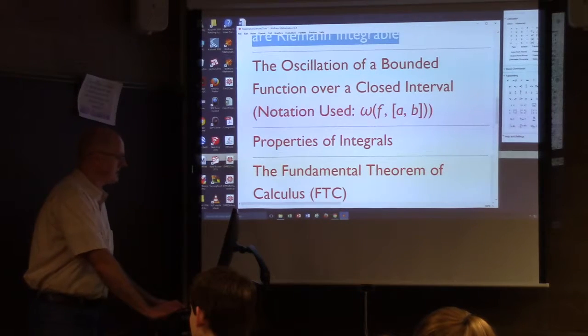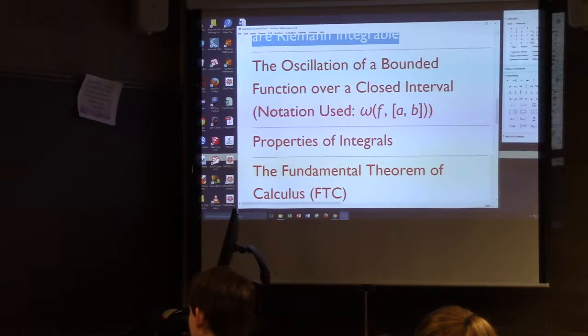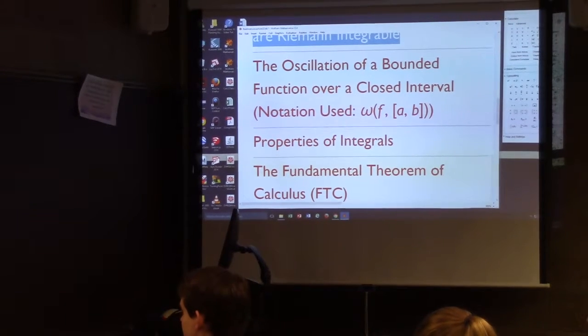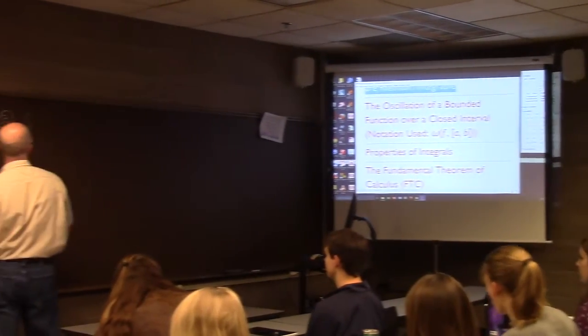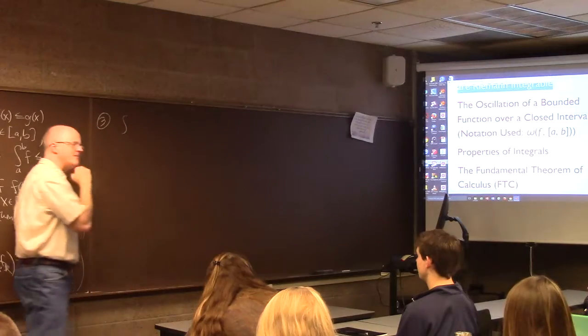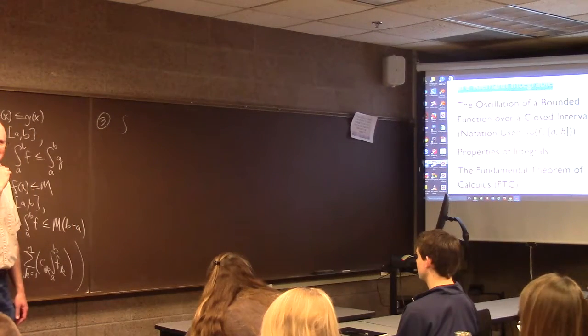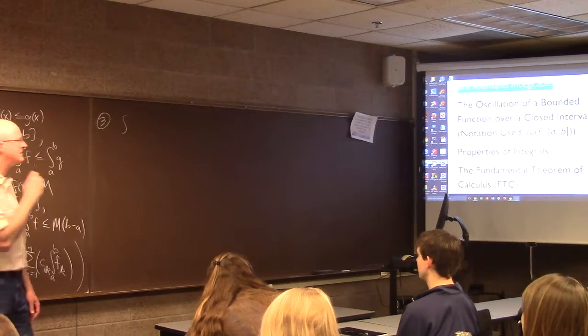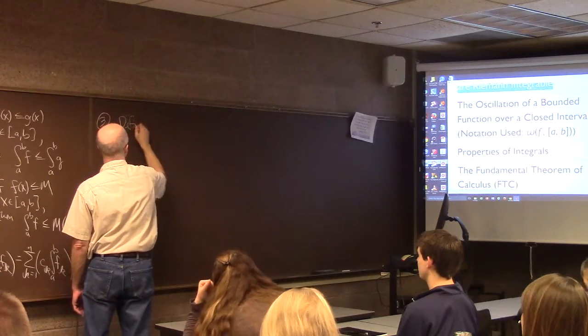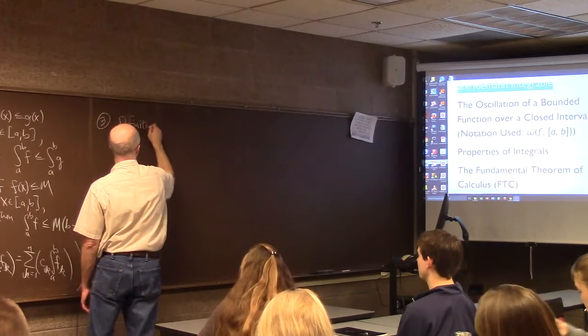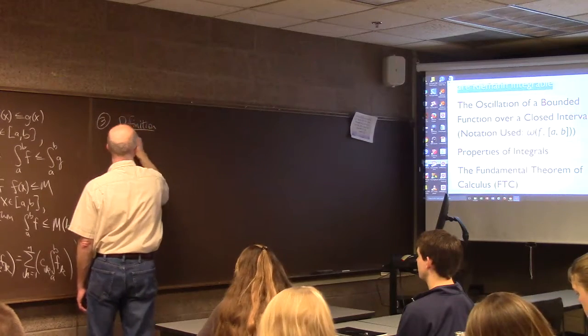What other properties of integrals? Some that I haven't mentioned beyond passing, I'll talk about a little bit more today. What I'm about to write down is actually more of a definition. You can call it a property, but it's not something you prove. It's a definition.